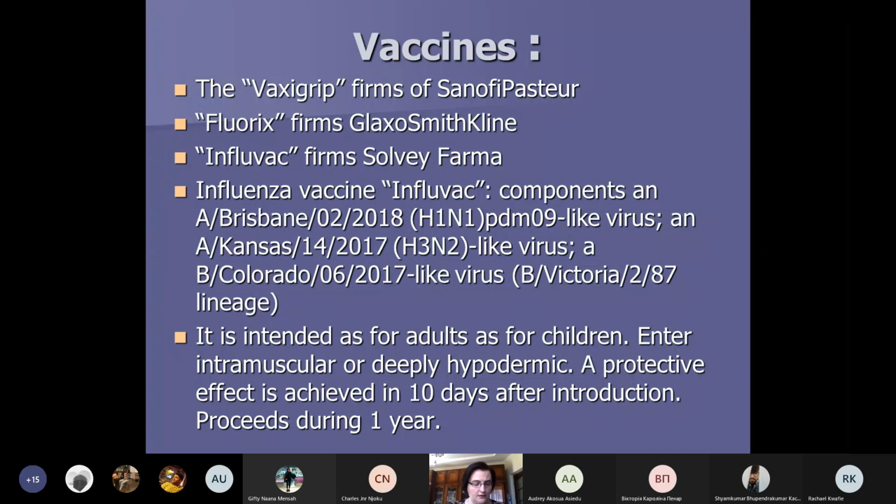Current vaccines contain, as a rule, 2 influenza B and 2 influenza A, H1 and H3 subtypes. It's a quadrivalent vaccine. The efficacy of these vaccines is approximately 70 to 90%.